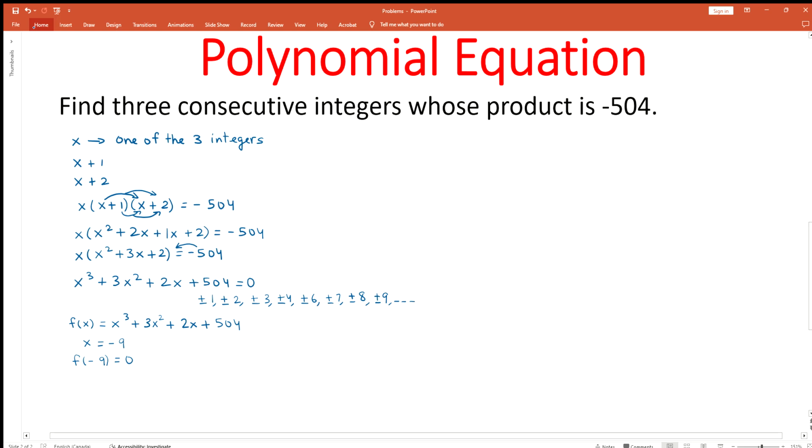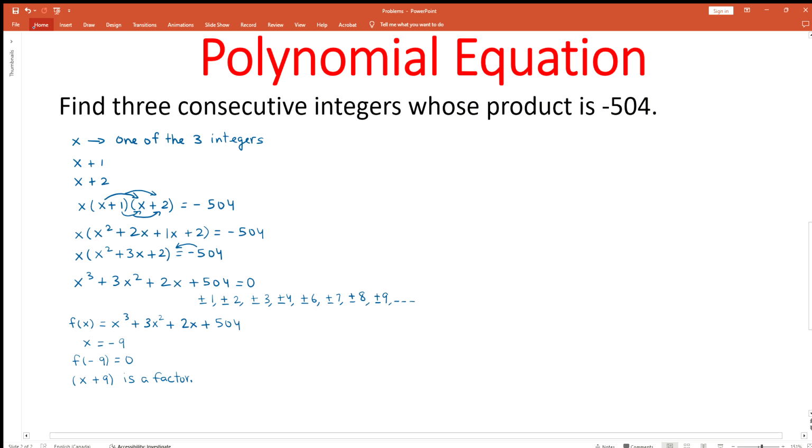I do not want to show all the calculations because that will take up a lot of time, but you can try it in your notebook. That means one factor for the cubic polynomial is x plus 9. Now we can find the other factors for this cubic polynomial.